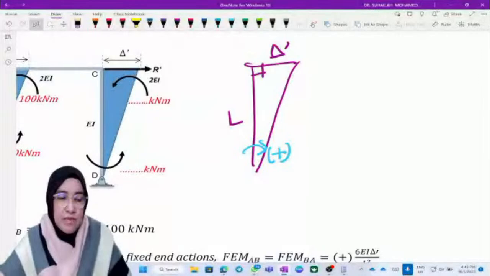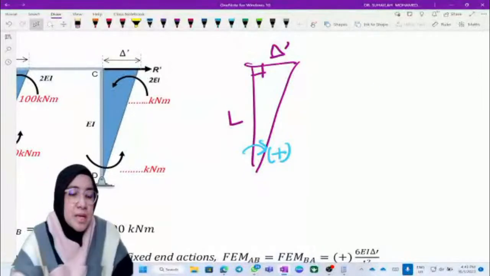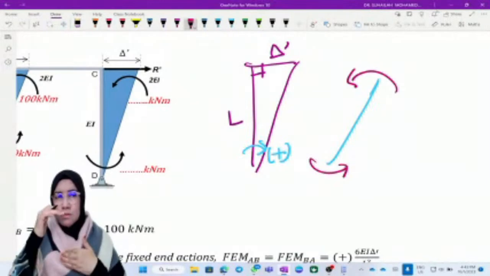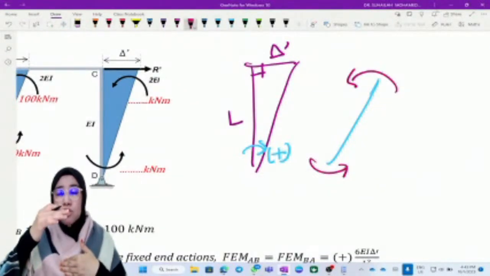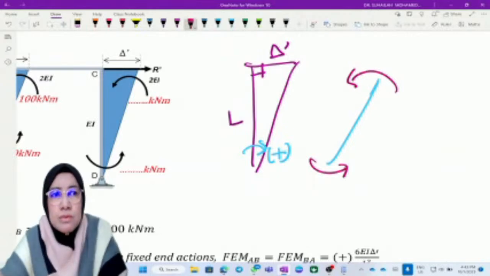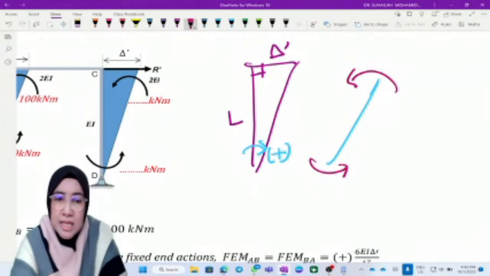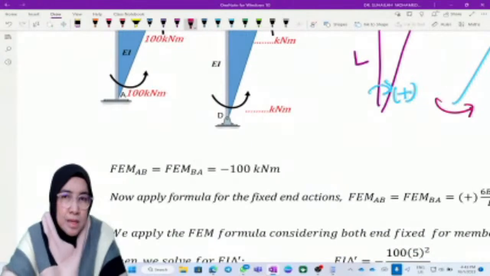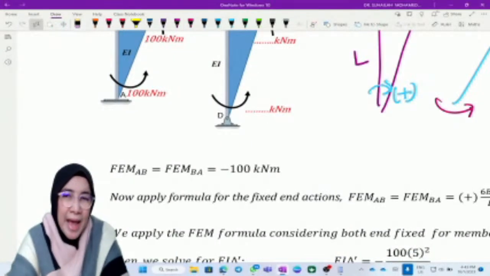If this is the behavior, the moment we apply pushes back both A and B, so that the inclined column will move back to the straight position. So this is negative. This behavior is negative. That is why, for the assumption we made, we have to put negative.